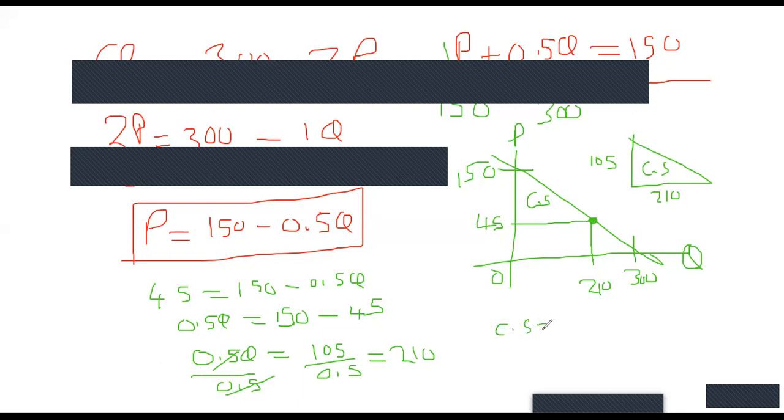What's the formula for consumer surplus? Half of the base times the height. That should be 11025. Correct.